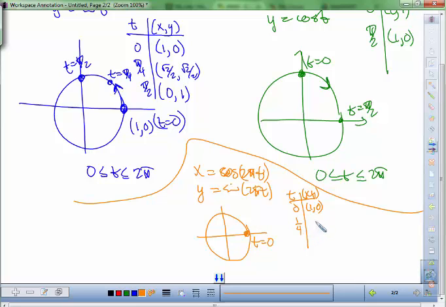If I put 1/4 here, 1/4 of 2 pi is what? Pi over 2. Cosine of pi over 2 is 0, and sine of pi over 2 is 1. So it looks like I'm drawing, again, the same circle. It's the same starting point as my first example, but this time I'm able to draw the whole circle not by going from 0 to 2 pi, but by going from 0 to what? If I go from 0 to 1, then I'm able to draw that whole circle. Okay?